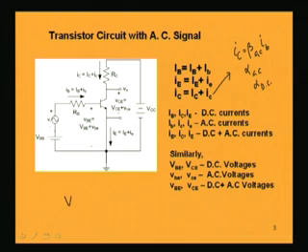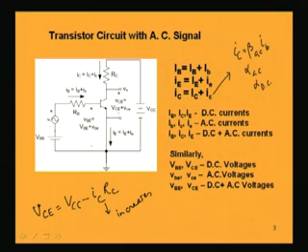So, VCC minus ICRC is equal to VCE. If we consider the instantaneous value, the instantaneous voltage between collector and emitter is equal to VCC minus ICRC.